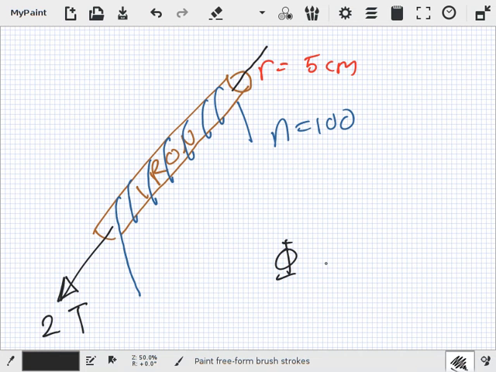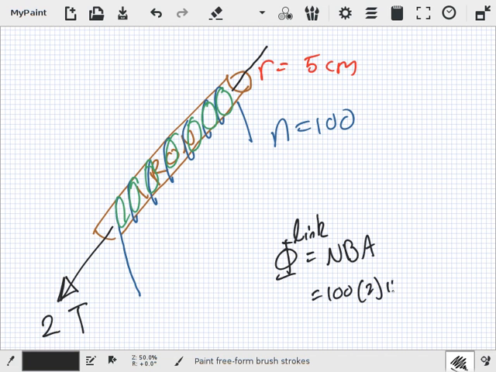Now, what's happening here is you actually have lots of circles. Can you see that? So I want to know what is the total flux linkage in the iron rod. You consider it as like 100 circles, so it's going to be NBA. 100 times 2 times pi times r squared.